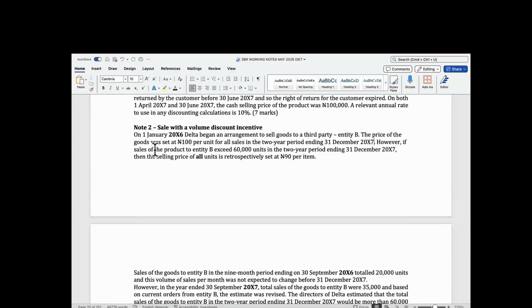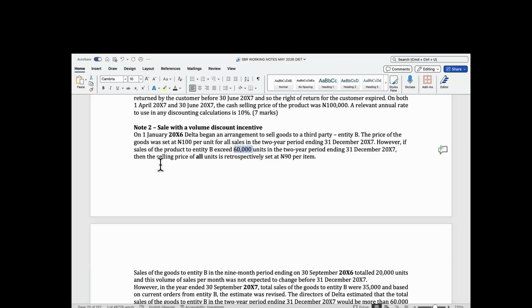However, if sales of the product to this customer exceed 60,000 units in the 2 years, then the selling price of all units is retrospectively set at 90.